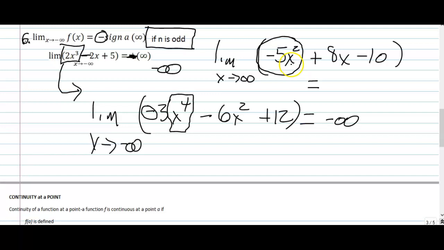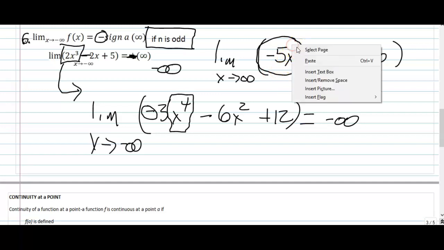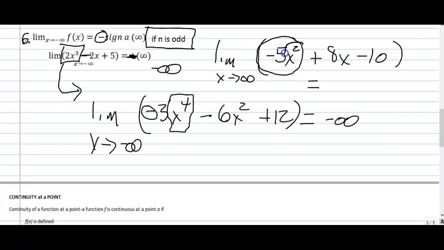Because if you square something infinitely large, it becomes larger than if you take that same large number and multiply it by 8. So again, I'm just going to use some common sense here. If we take a positive value and square it, it's still going to be positive, but it's even going to be greater. But when we multiply that by a negative, that's going to give us a negative, so this is going to be negative infinity.